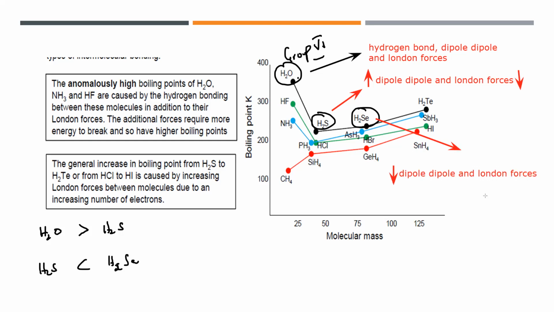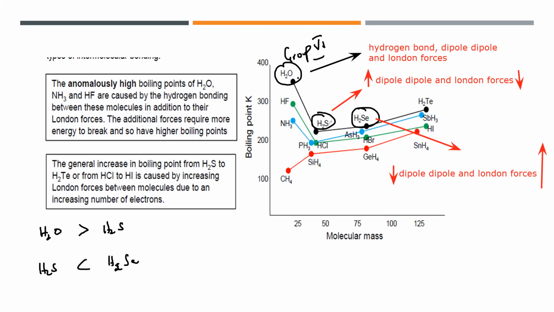In H2Se, the number of electrons is more, and as the number of electrons increases, there will be a considerable change in the London forces. So overall, the forces in H2Se are stronger compared to H2S. Is it clear why the boiling point of H2Se is more than H2S?